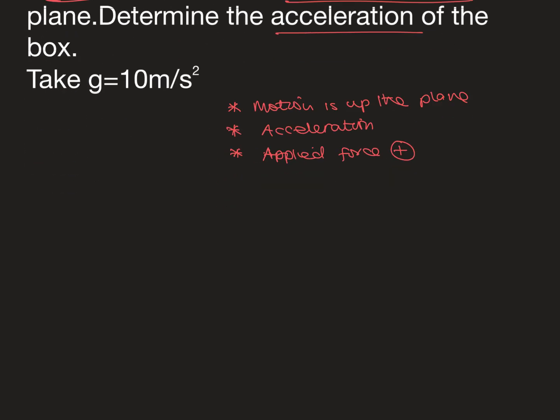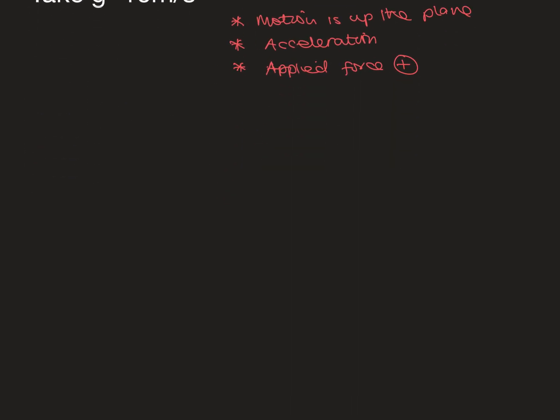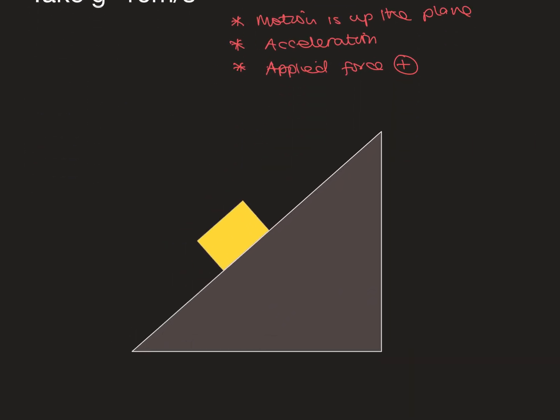So if we should draw the diagram for this, this is the diagram. Let's try to indicate the forces that are associated with this diagram. We have a force acting downwards, which is mg sine theta. So since the body is moving upwards, it means friction has to act downwards.